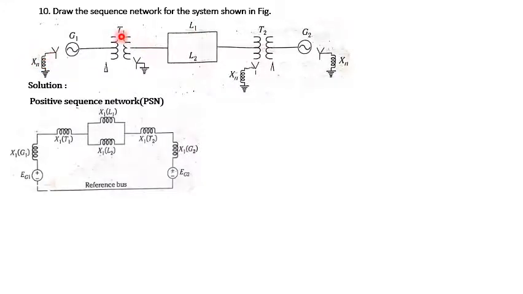For the transformer, just reactance. For the transmission line, it is a reactance. Similarly for the transformer, and for the generator, reactance and source of EMF. So X1 is for generator G1, transformer, transmission line 1, 2, transformer T2, and generator G2. So this is the positive sequence network.